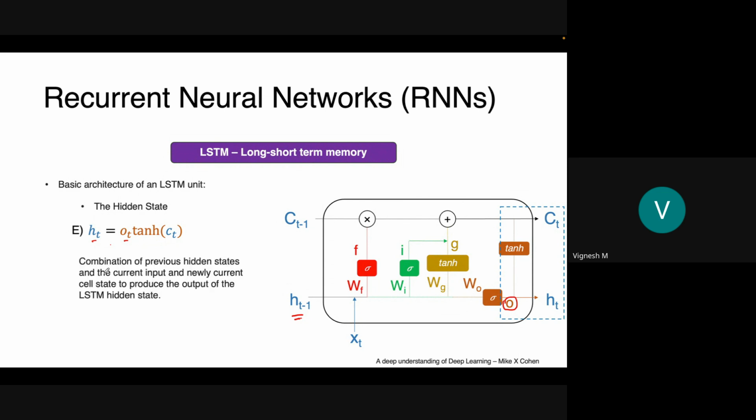So it's again a combination of the previous hidden state, your current input, and the newly computed cell state. So this is your current cell state that has come out, and that's passed through this tanh and weighted with this O of t to give you H of t. All right. So that's your next hidden state, which will then go back here for the next iteration.